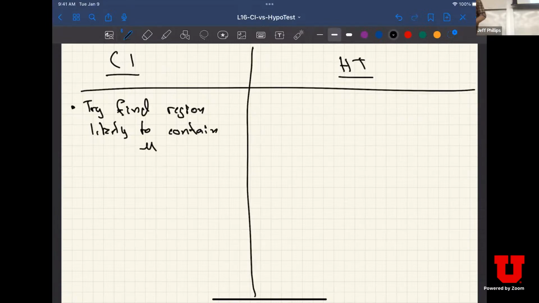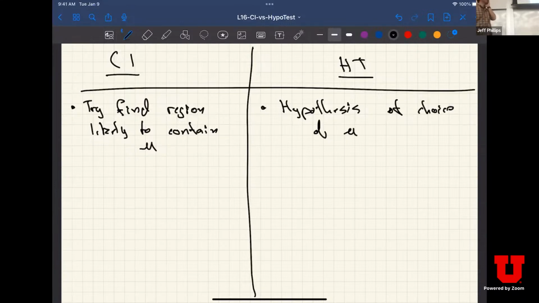Okay, and in this one, you make a hypothesis of choice of mu. All right, so the hypothesis is not informed by data.